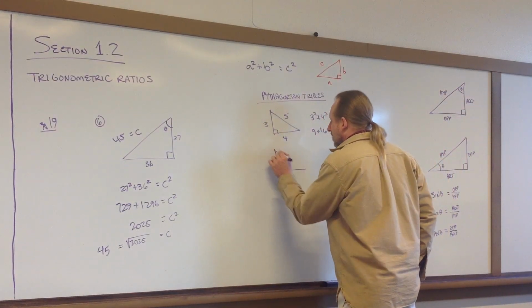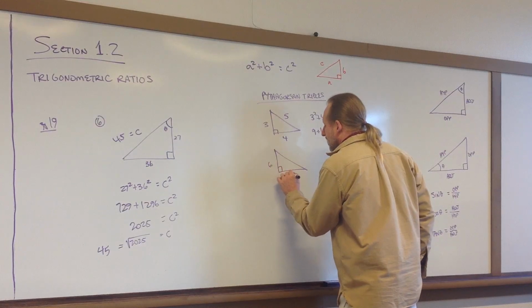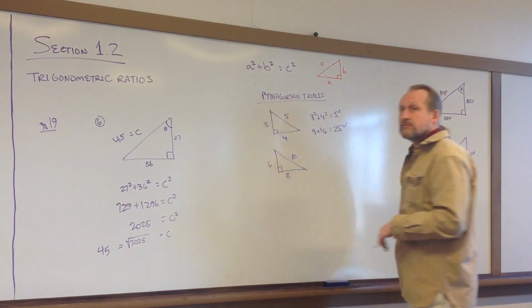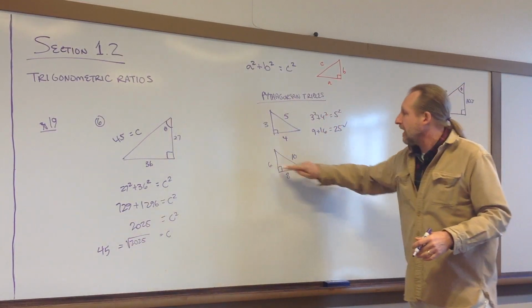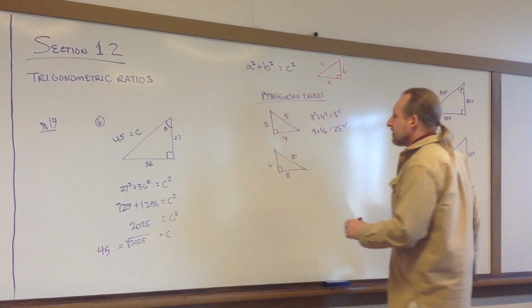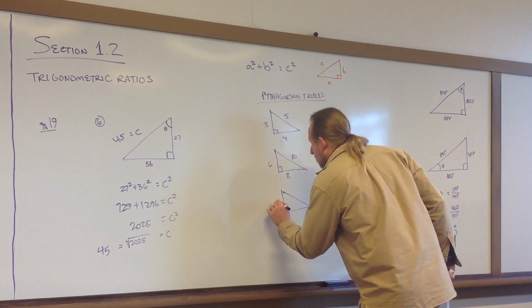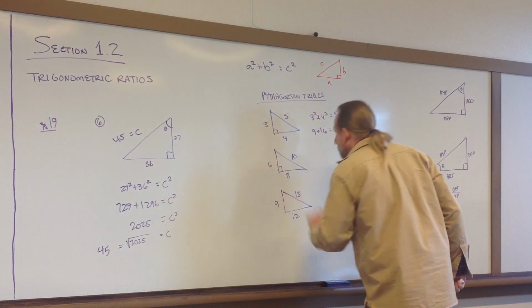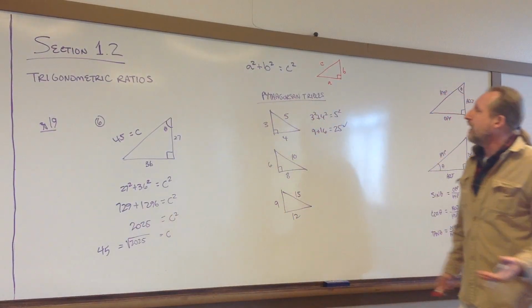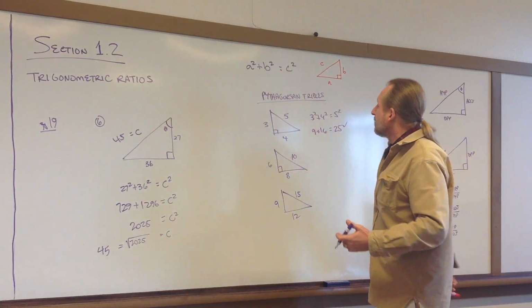So you could have a 6, 8, 10 triangle, okay? And those values will satisfy the Pythagorean theorem as well. You could have a 9, 12, 15 triangle. And those values will also satisfy the Pythagorean theorem.